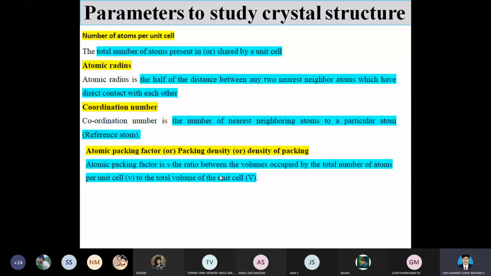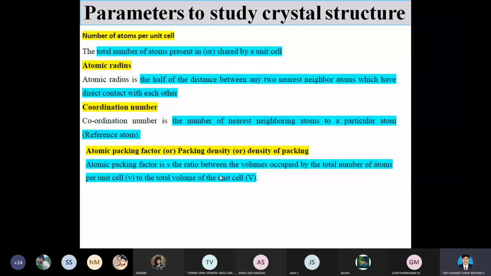So for example, we are going to consider only one type of atom, and how that atom contributes to the adjacent unit cell, how the atoms are going to share with the other unit cells. So this is the number of atoms per unit cell. Here we have to consider two things.